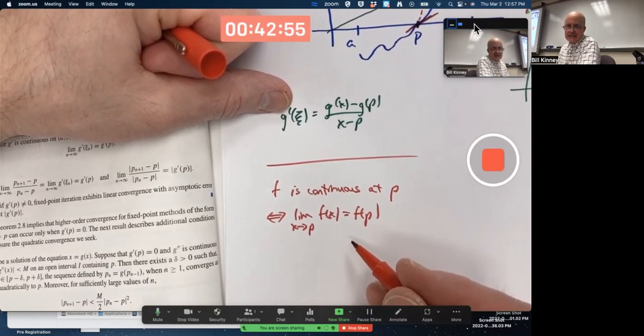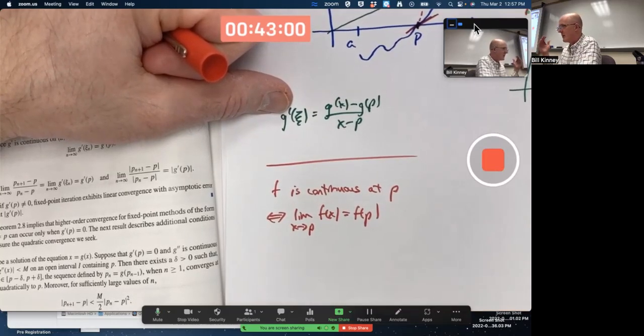Why do I say essentially this is the definition of continuity? Because there's some technicalities I should really add here, like f needs to be defined in some interval near P, that kind of thing.